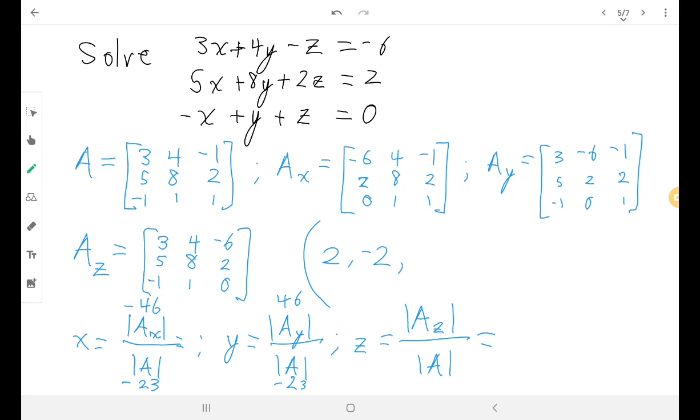And that is -92 over -23 again, which is +4. So the z-coordinate would be 4, and so there would be my x, y, and z right there. I'll pause for questions.